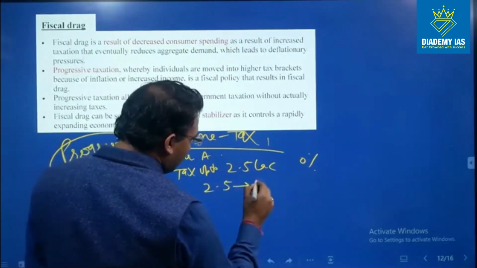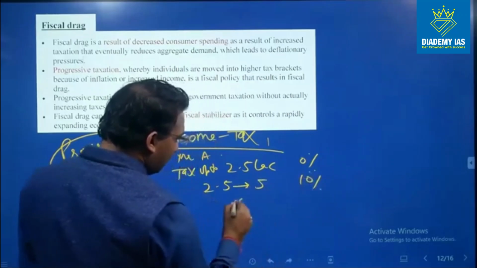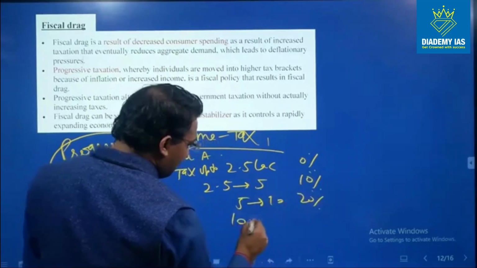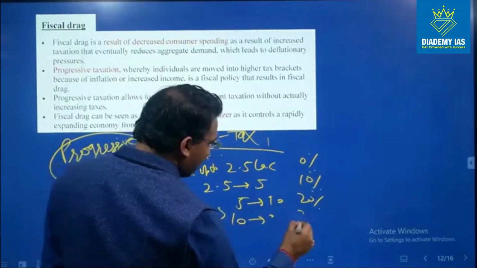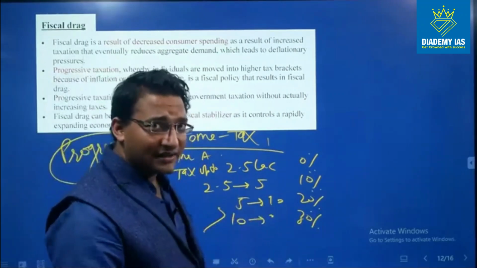Between 2.5 to 5 lakh, this is 10%. Between 5 to 10, this is 20%. And above 10, this is 30%. These are the rates of tax.